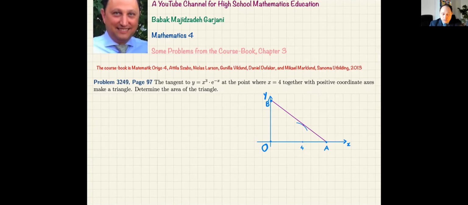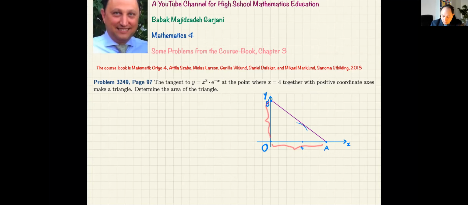No. Okay. Now I want to find the area of this triangle. I know that this triangle is a right angle triangle. To be able to answer the area, I need to know this length and this length. Then for finding the area of this right angle triangle, I multiply these two lengths and divide by 2.